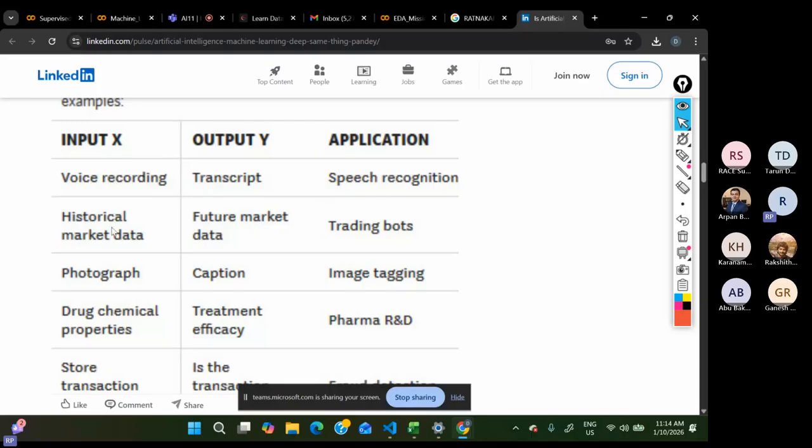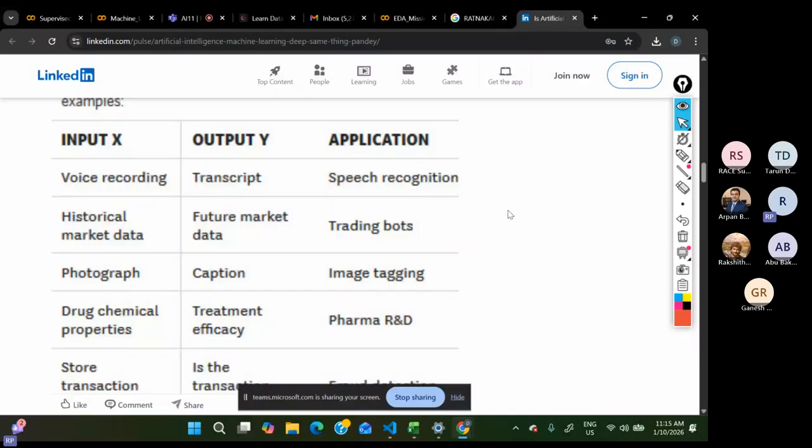Similarly, if you have the historical market data, and I've also told what exactly will be happening in the next stock price, then I have a trading bot, right? A lot of bots are now built, and AI is very big in trading. There are companies which are paying 3 crores, 5 crores to freshers from IITs for trading optimization, mostly from the tier one colleges.